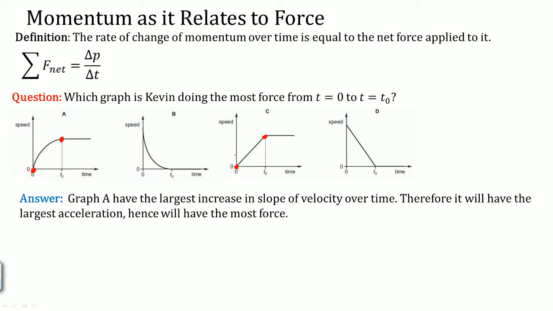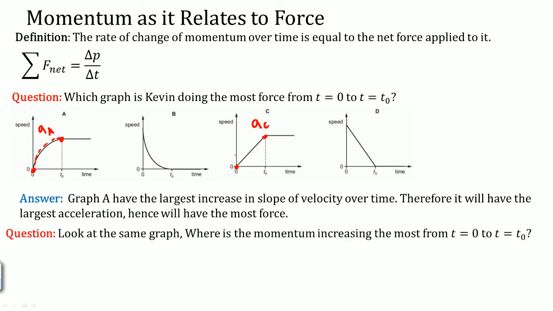Therefore, it will have the greatest acceleration. So the acceleration of A is greater than the acceleration of C here, because the slope curves like this. This behaves like an X, it just increases really fast. This one goes linearly.